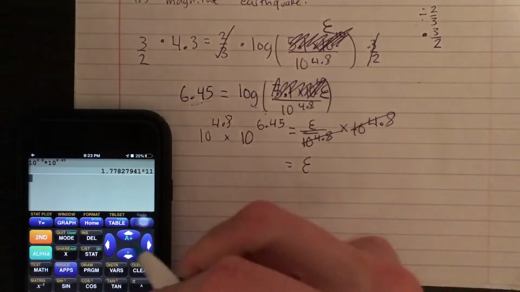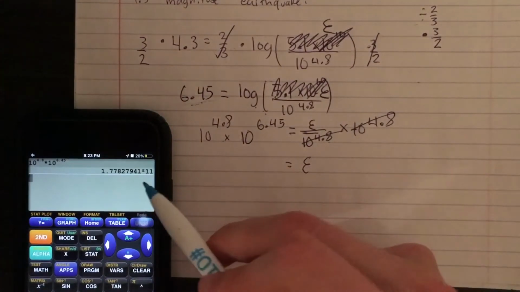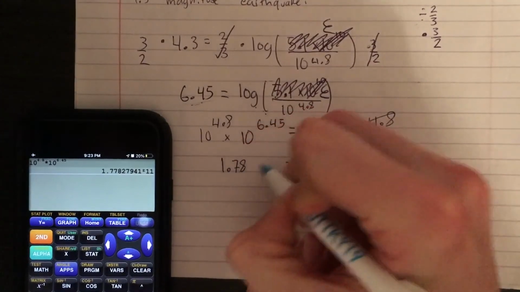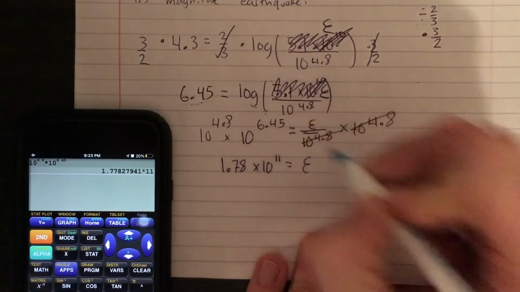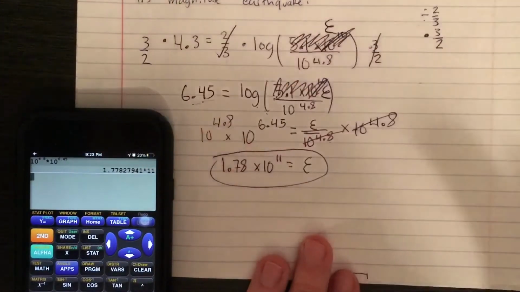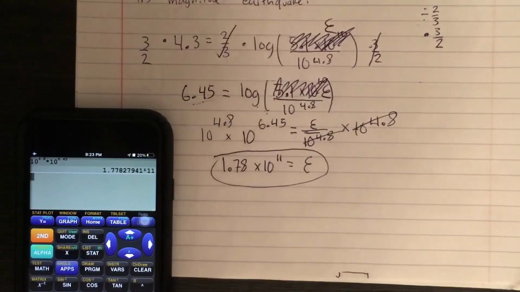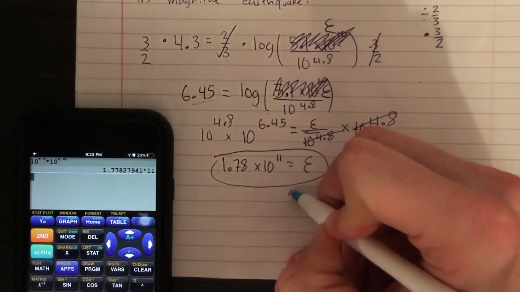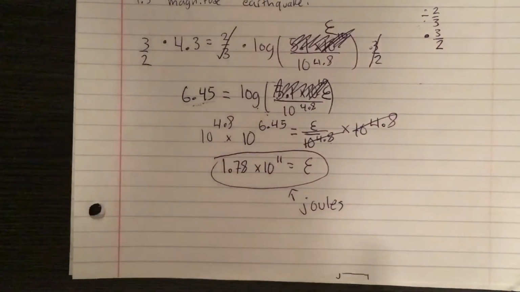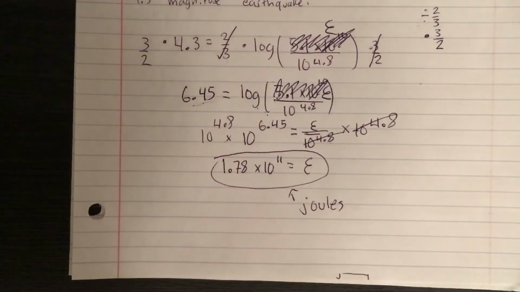Okay, so our answer here, rounded to 3 sig figs, is going to be 1.78 times 10 to the 11th power. Some good old science. It seems fitting that we use some scientific notation. So that is how many joules of energy were expended for that particular earthquake.